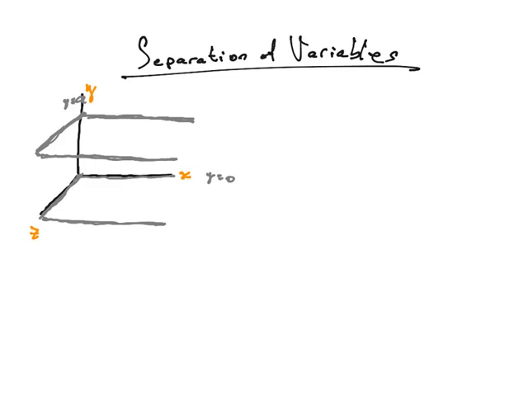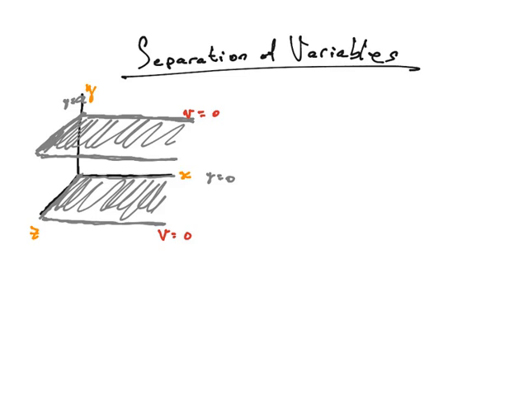So these are conductors, metal sheets, and what we're going to do is force these conductors to be at a potential of 0. So we've got those two conducting sheets, one on top of each other like this, separated by a distance a.